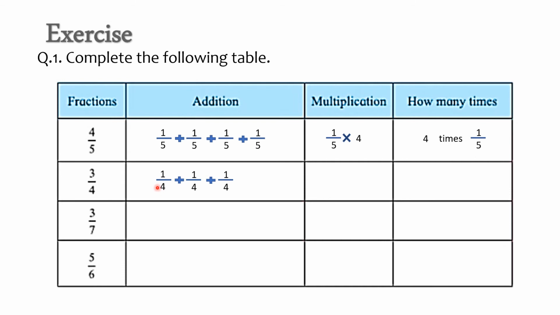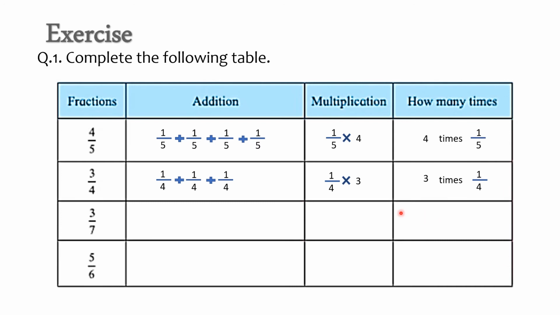Now, as we have added 3 times, we will write in multiplication form 1 upon 4 into 3. And we will write 3 times 1 upon 4.